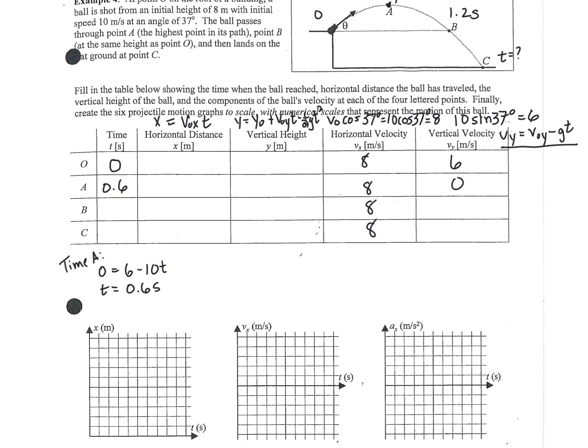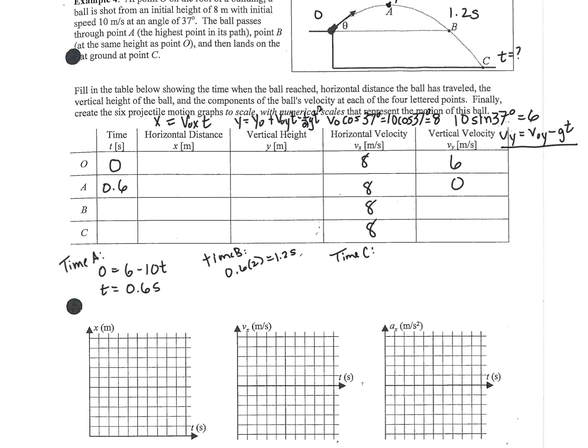All right. To find time B, we're just going to double A. We're going to take 0.6 and multiply it by 2, which is 1.2 seconds. And to find time C, we're going to use the quadratic formula on this one, guys. Time at C, we need that. All right, so how do we find time at C?